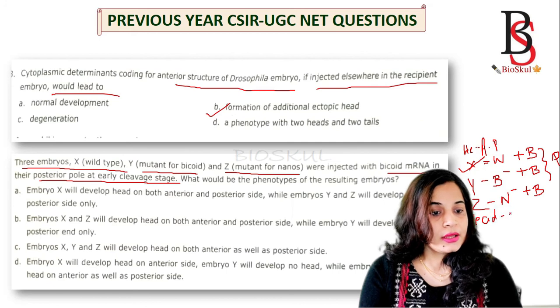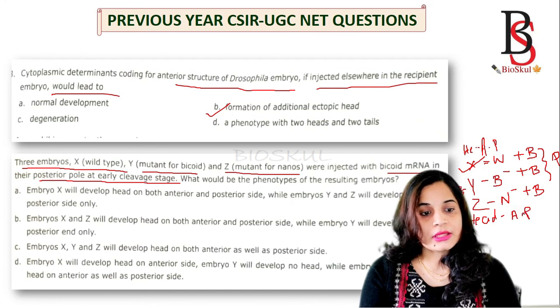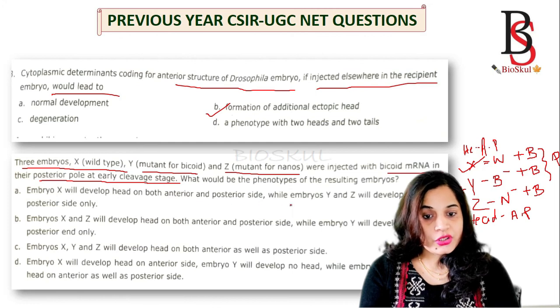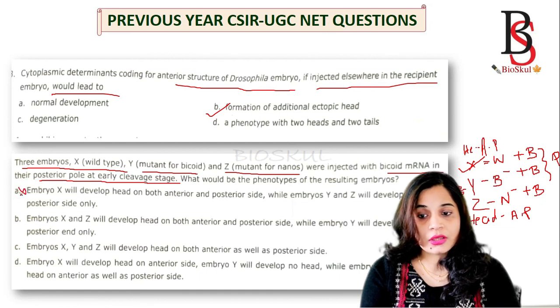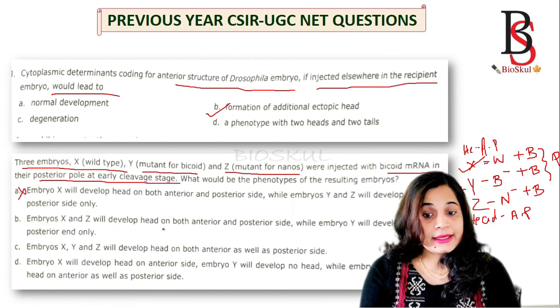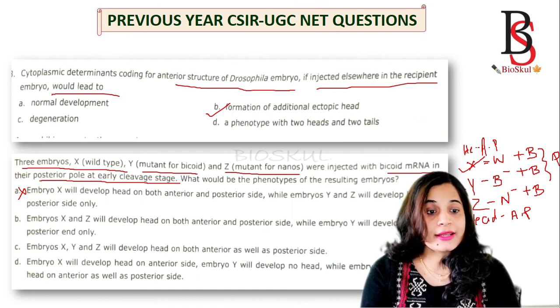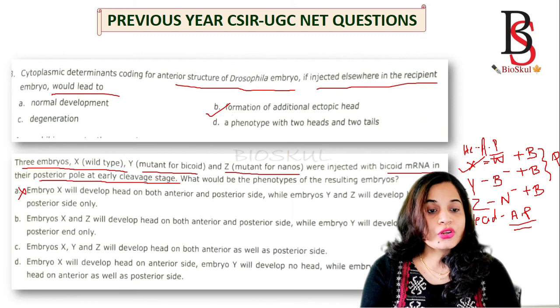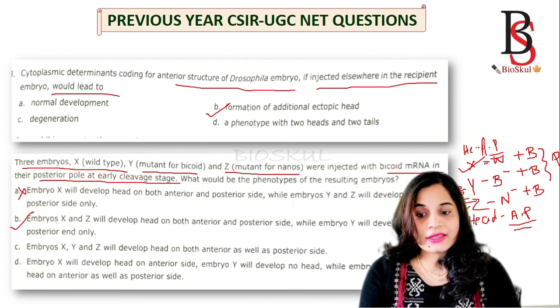So now we'll see the options. Option A says embryo X will develop head on both anterior and posterior side, while embryo Y and Z will develop head on posterior side. No, this is wrong. Embryo X and Z develop head on both anterior and posterior side, yes, while embryo Y will develop head on the posterior side only. So the correct answer is option B.